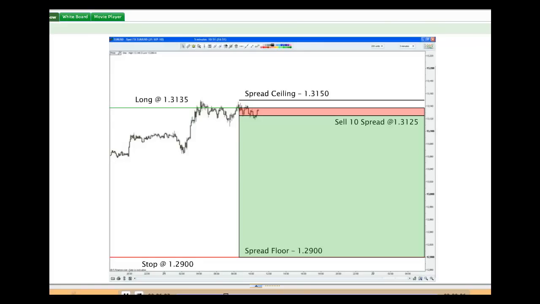What I'm trying to do here is because I'm long the underlying, I think the euro is going to go up, but just in case it comes back and kind of crushes me, I don't want to take a big loss. I don't want to have my stop sitting at 130.10. We've got a spread floor down to 129.00. What this allows us to do now is we can move our stop in the underlying market all the way down to our floor because that's our protection.